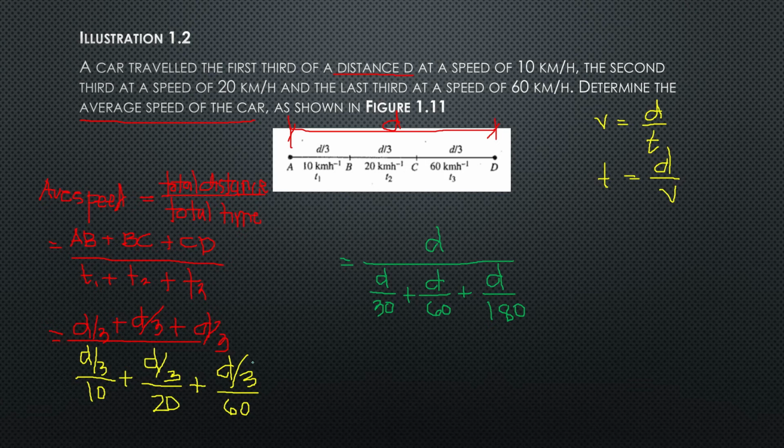Now simplifying the fraction, the numerator is still D. The LCD will be 180. So 180 divided by 30 is simply how many? 6, so 6D. Plus 180 divided by 60 is 3, so 3D.